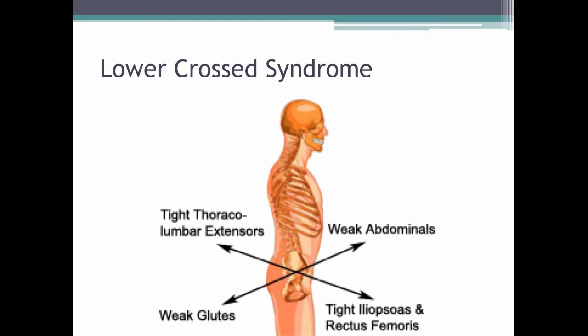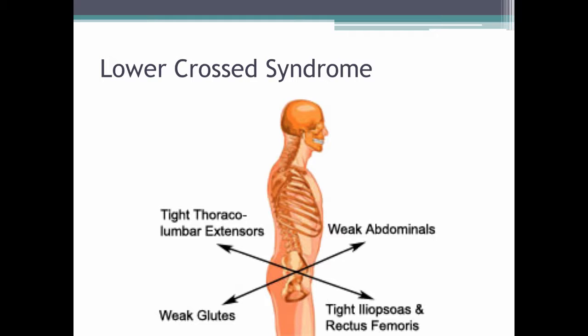We also have a lower crossed syndrome happening at the pelvis. So the same type of thing. Diagonally, you have tight lumbar extensors and tight iliopsoas and rectus femoris, and then you have weak abs and weak glutes.